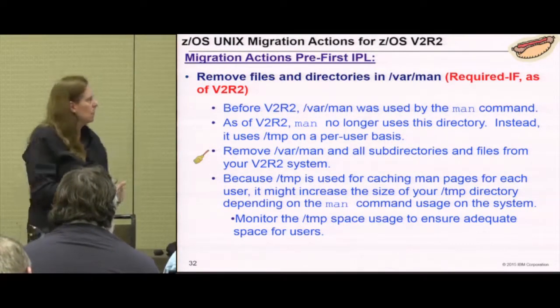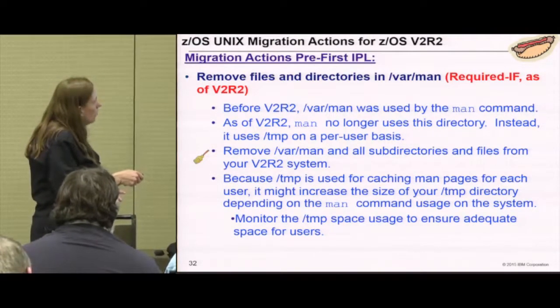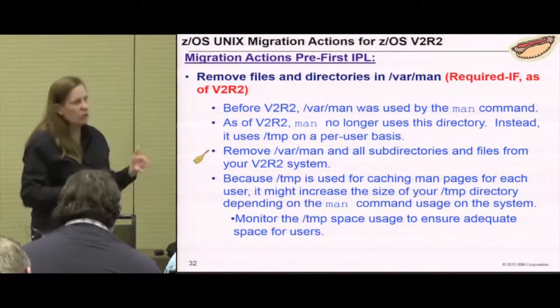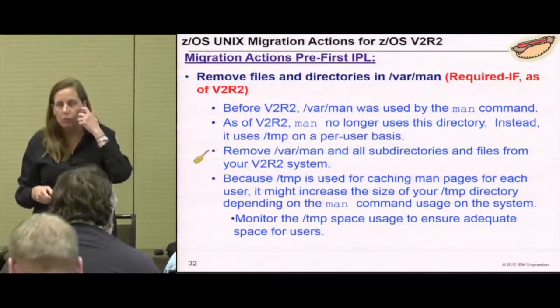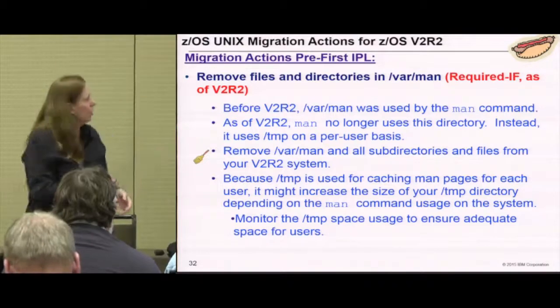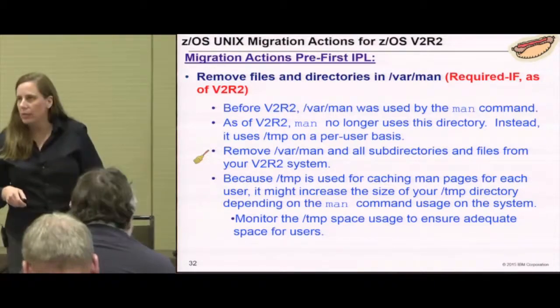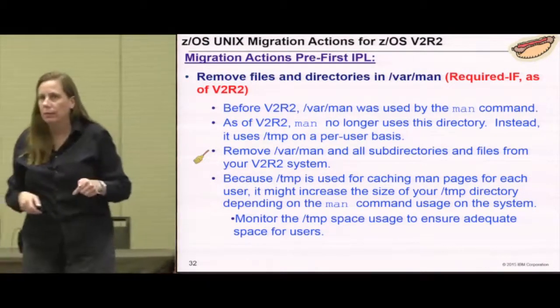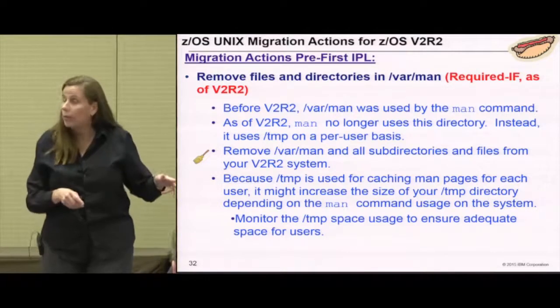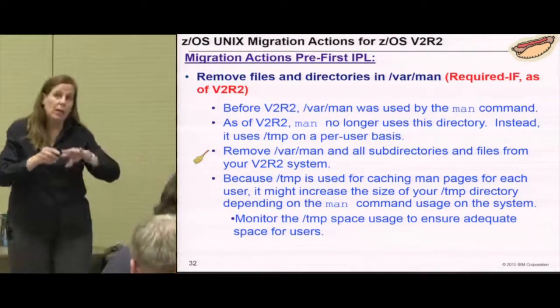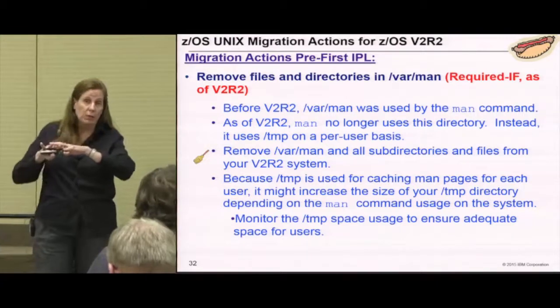Okay, what does that mean? That means that you need to go out and remove, as a hygiene action, /var/man, because that's not going to be used anymore, and all of the directories and files underneath /var/man. Don't remove /var, we still need that. So /var/man and everything underneath it you can get rid of as a clean out item.